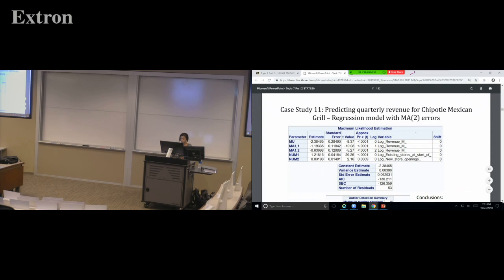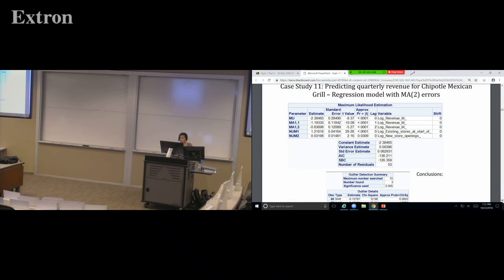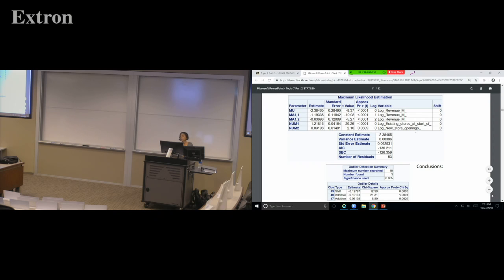When we apply, using SAS, a regression model with the two predictors and modeling the errors with a moving average 2, we see that both of the beta coefficients are significant. You can see them here: log existing stores and log of new store openings.